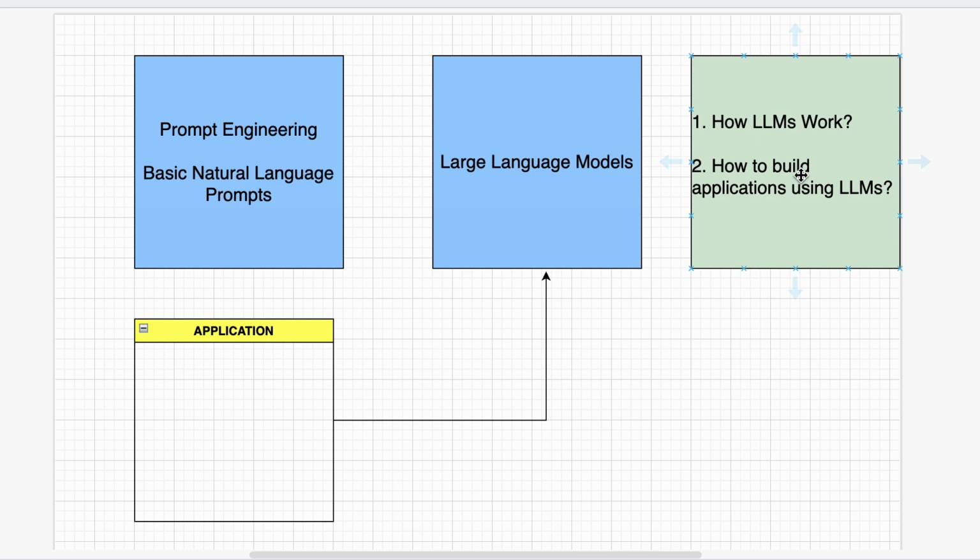It's not very difficult, because what you want to understand or learn is prompt engineering concepts, which is how you converse with these models in natural language. That's about it. If you know how to do that, then you can utilize these models to build your own applications. So in this video I'm going to give you a 10,000 feet view of how LLMs work.